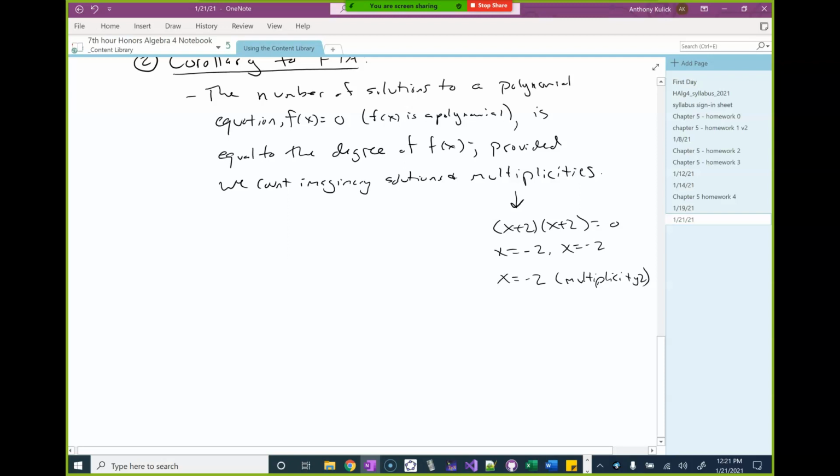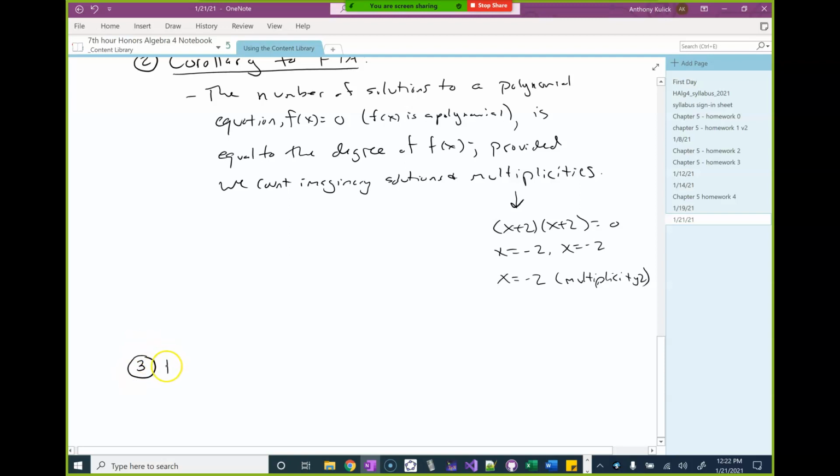If we're not counting those things, then the degree creates an upper bound on the number of solutions. You can't have more than the degree. You could have less if you're not counting imaginary things, or you're not counting multiplicities as separate solutions. Then it's an upper bound, which is still good, right? It's a limit to how many solutions you could have. But if you're counting those, it's tight. So it's exactly equal. Everybody okay with that idea? Okay.